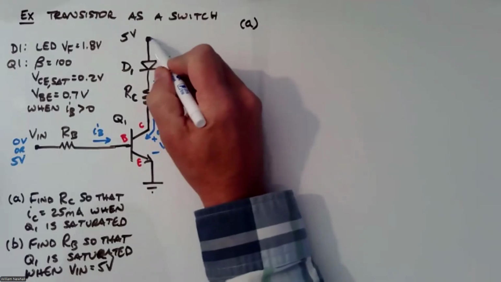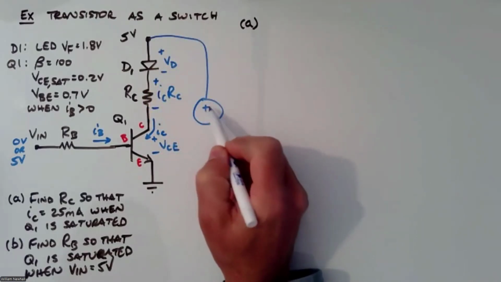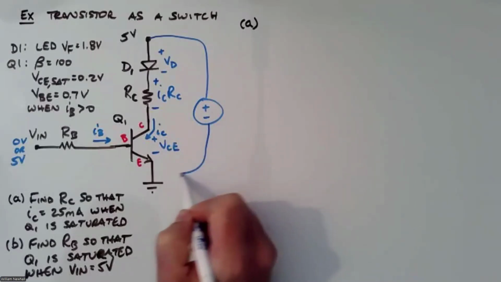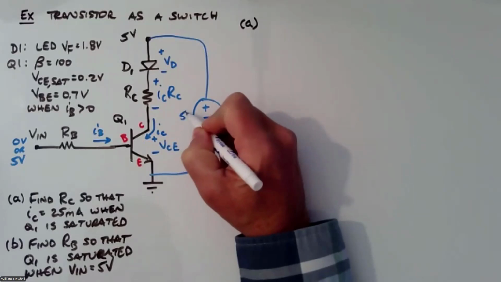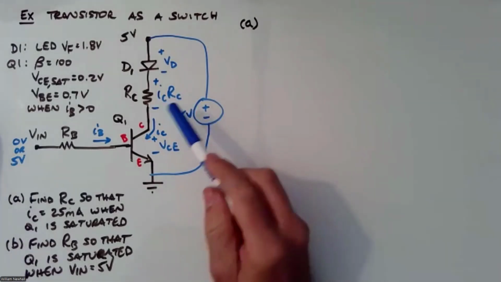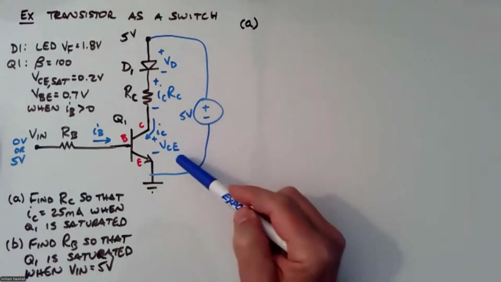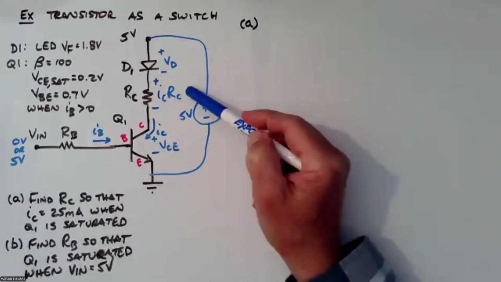And remember, this 5-volt node voltage up here comes from a source. If I wanted to, I could draw in this source. I could say that 5 volts is caused by a 5-volt source right there. So knowing the current and these other voltages, I think I have enough to solve for RC.